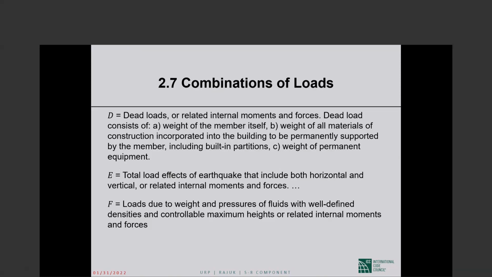One I just said, another I did not say. E is a strength level force. So in strength design load combinations, the load factor on E is 1.0. In ASD load combinations, you have to bring the strength level earthquake force down to service level.